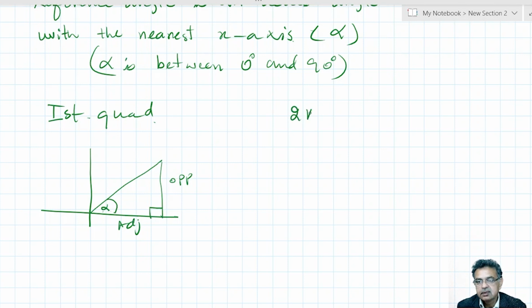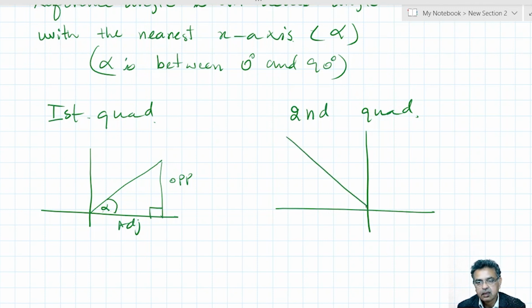Now if the line is in second quadrant, what basic right angle triangle can be formed in this quadrant? That is this one. So this will be the acute angle, which we will name as reference angle, and this side will be its adjacent, and this side will be opposite to this reference angle.